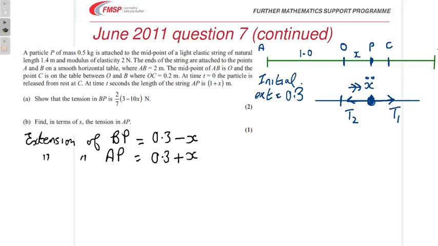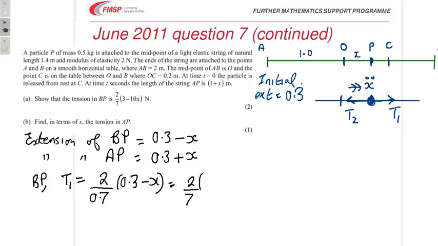So for the tension of BP, which I'm calling T1, lambda is 2, L is 0.7, and the extension is 0.3 minus x. And that's the same as they've got if I just rewrite it as 2/7 of (3 minus 10x).